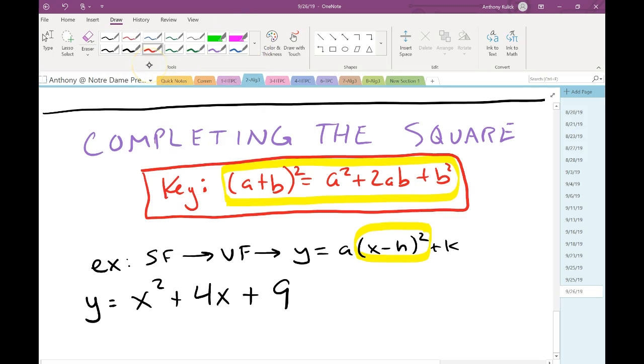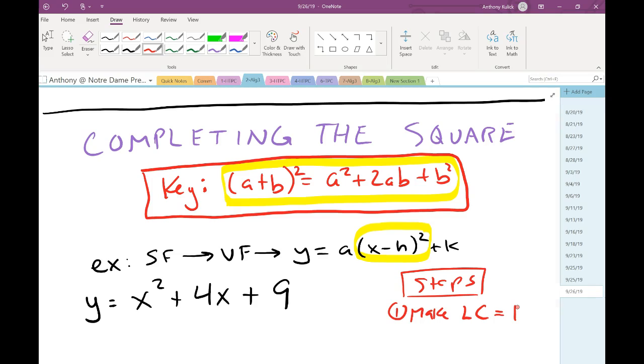So, the first step that I want to do is I want to make the leading coefficient 1. When I say leading coefficient, what are we really talking about here?